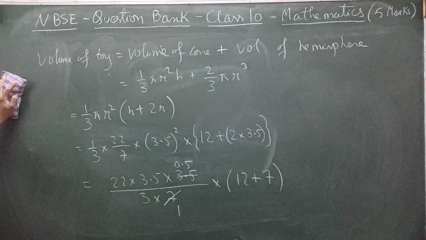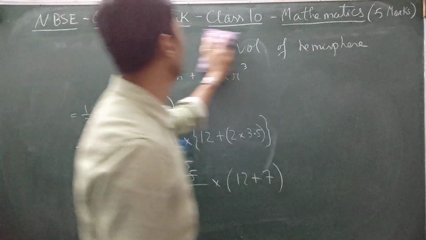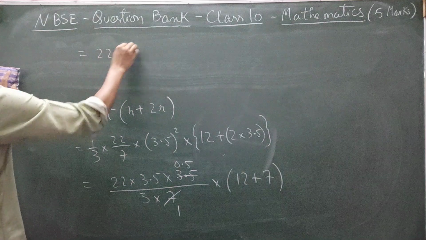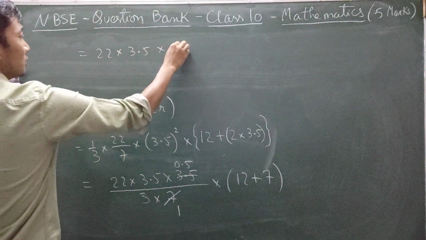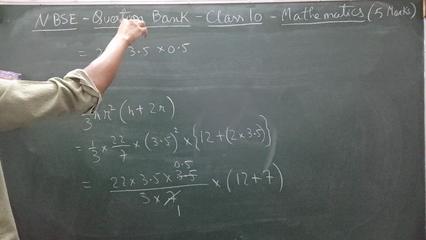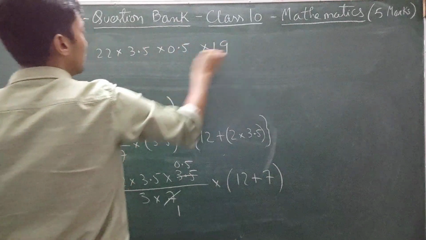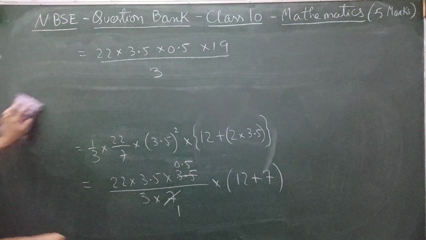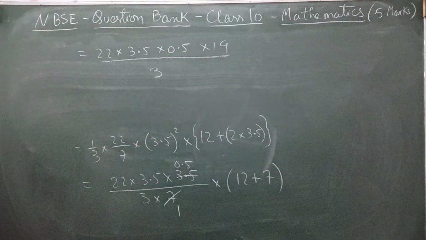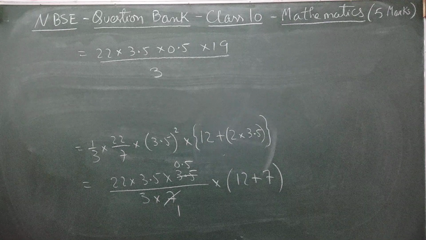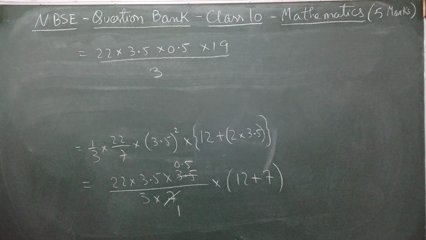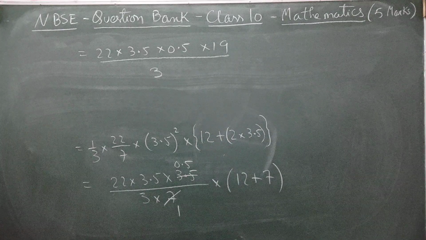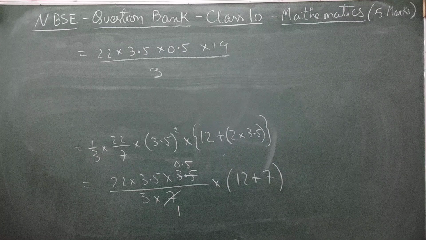Okay, I will rub this part now. So that's like 22 into 3.5 into 0.5 into 19 divided by 3.